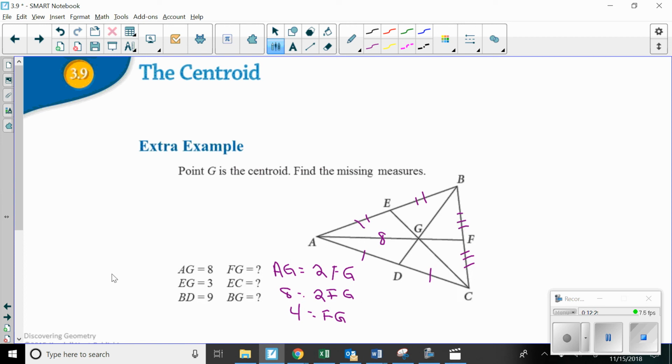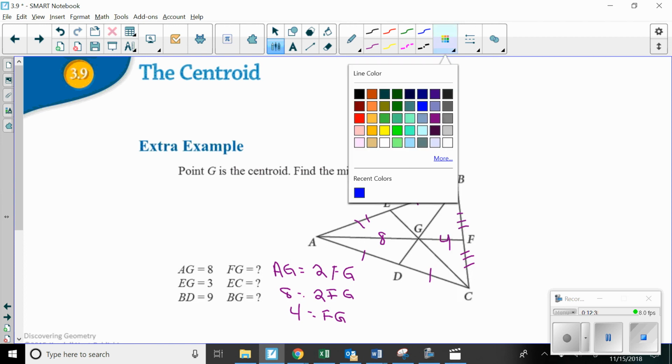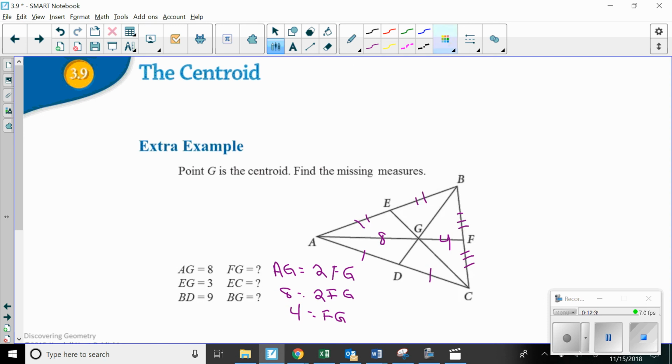So let's look at the second one. EG is 3 units, and that's the distance from my centroid to the midpoint. And now I need to find the distance from E to C. I need to find this whole median.